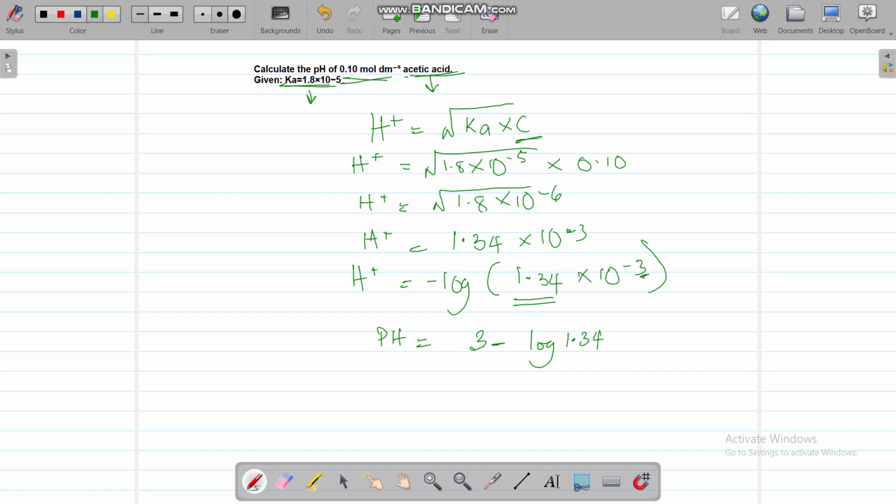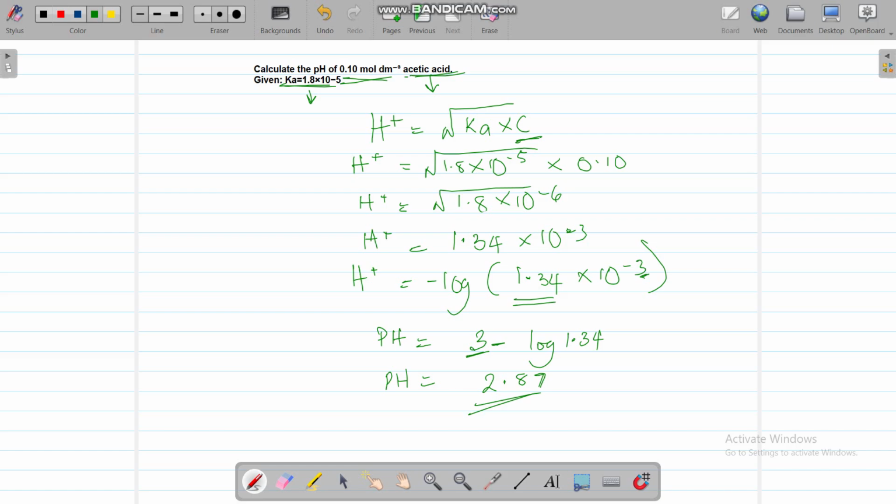So in your calculator, you first find log 1.34, then subtract it from 3. Our final answer is 2.87. This is the pH for acetic acid, given the concentration and the constant of acidity.